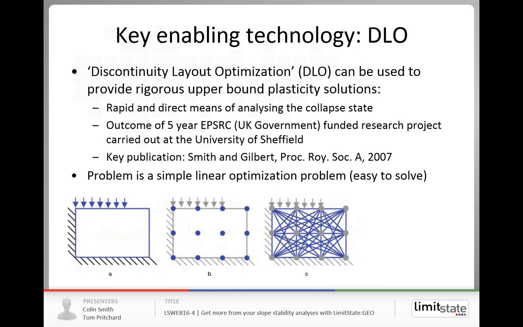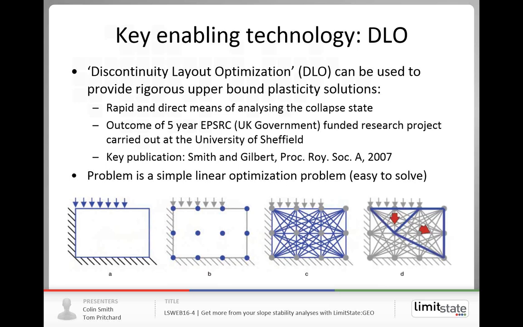And what we do essentially is we connect every node to every other node with a potential slip line. So in this case, we would have 12 times 11 over 2, 66 possible slip lines. That is then converted into a linear optimization problem, and the optimizer will pick out from that set of 66 slip lines the critical 6 slip lines here that form the collapse mechanism that dissipates the least energy.